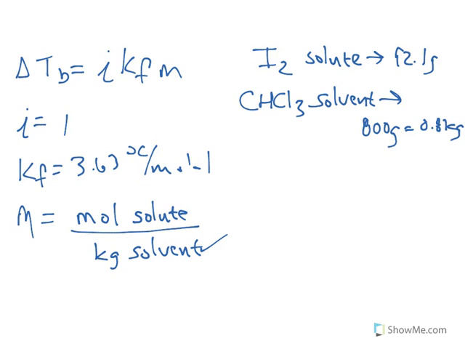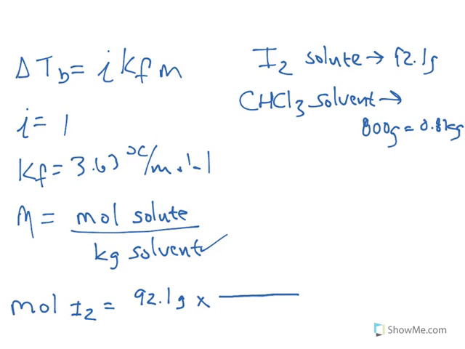However, I've got to convert my I2 solute mass into mole. So what I'm going to need to do is find the mole of I2, because that's my solute. So it's 92.1 gram of I2, and we need the formula weight of I2.